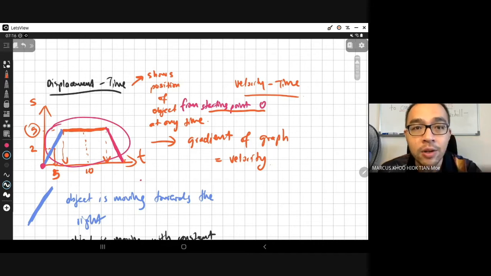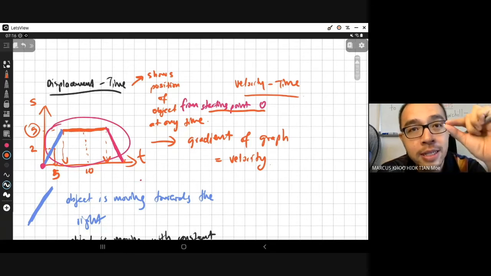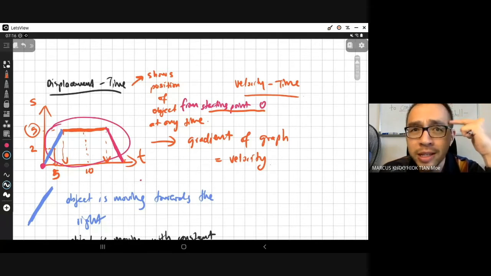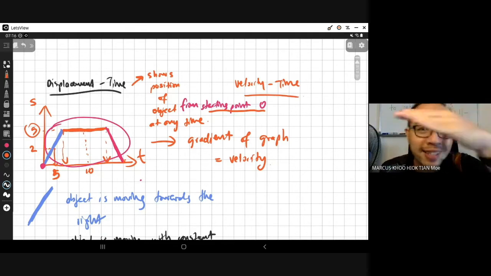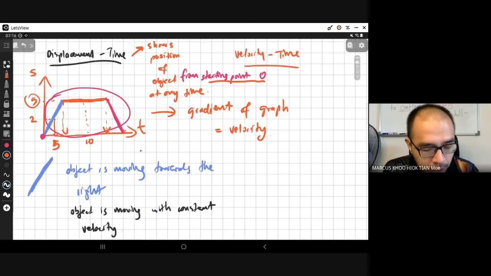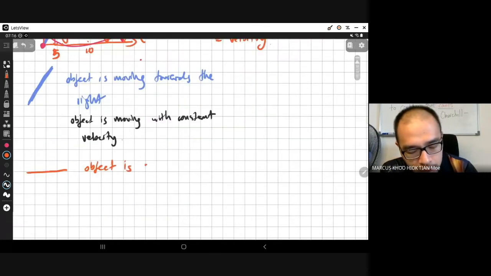If something is always at the same position, is it moving or is it not moving? I repeat the question now. If something is at the same position, is it moving or is it not moving? Think logically, this is logic. If you're always at the same position, are you actually moving or not? Of course, you're not moving because you're at the same position. So the object is stationary.